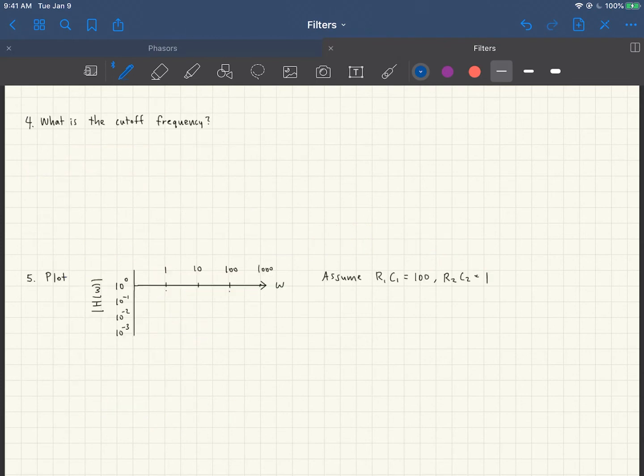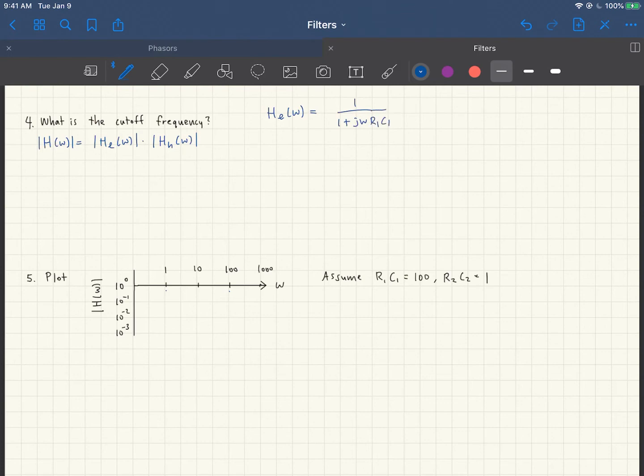So now we'll be taking a look at the cutoff frequency of this filter. We already know that the magnitude of H of omega is equal to the magnitude of the low pass times the magnitude of the high pass. So the idea when we're designing these filters is to consider the behavior of the low pass, remember that this was equal to 1 over 1 plus j omega R1 C1.